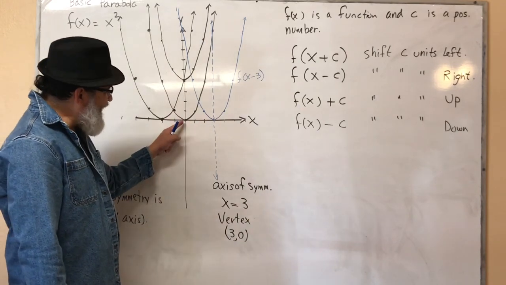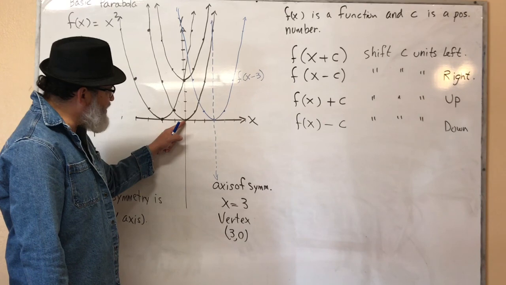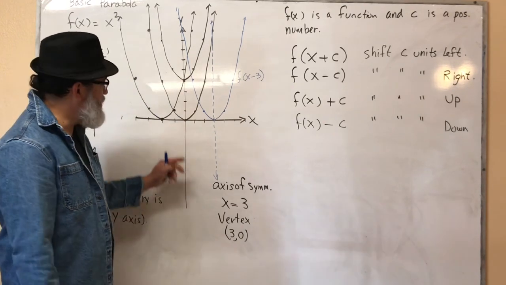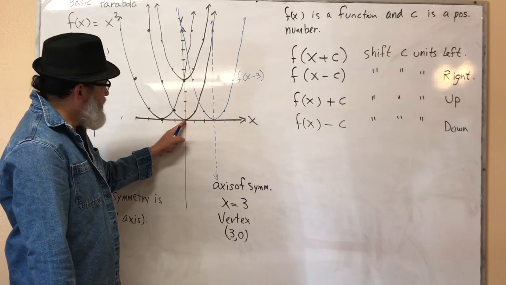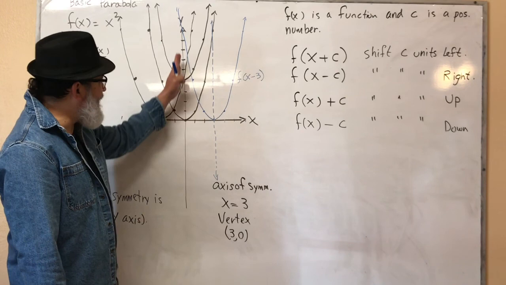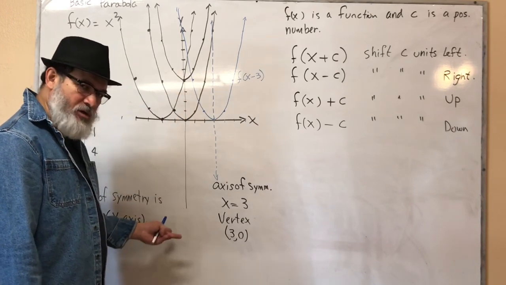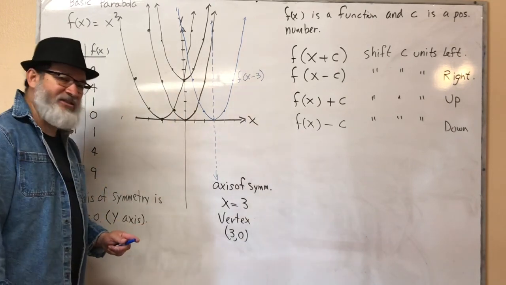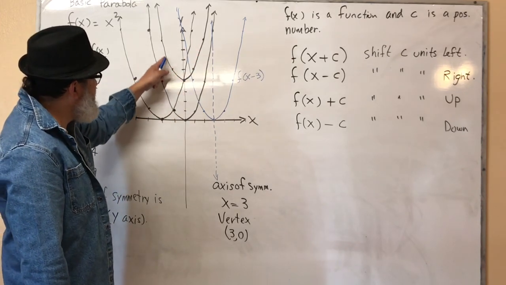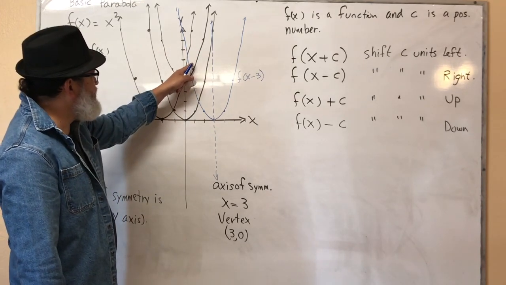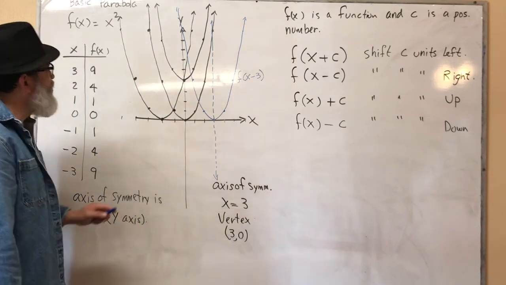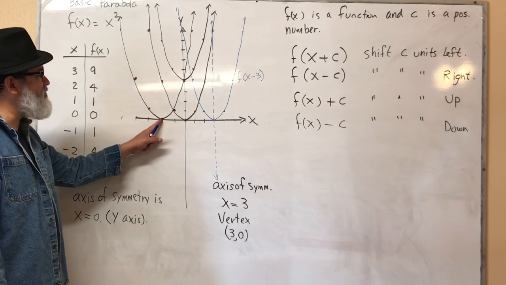So the axis of symmetry for this one is x equals 0, which is the y-axis. I made a mistake earlier, okay? The axis of symmetry for this basic parabola is x equals 0. I wrote it earlier, which is the y-axis. The axis of symmetry for this one is also x equals 0. What is the axis of symmetry for this one?